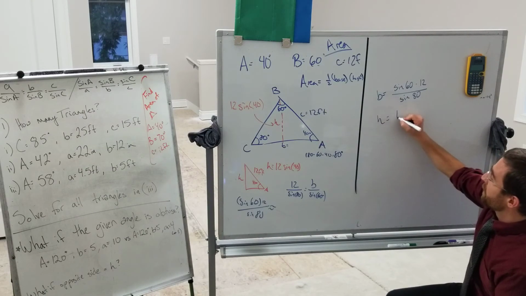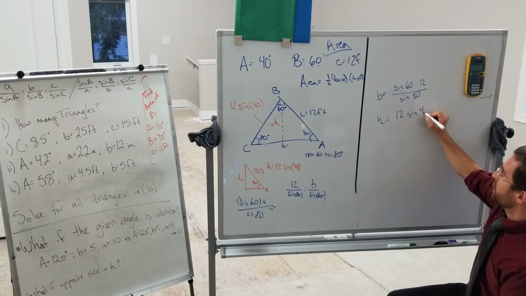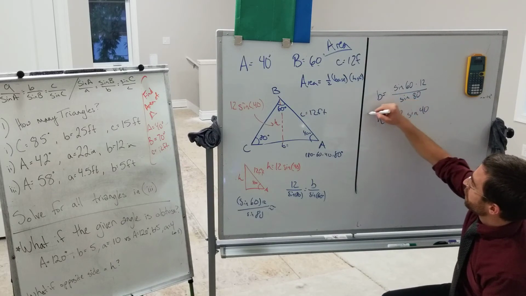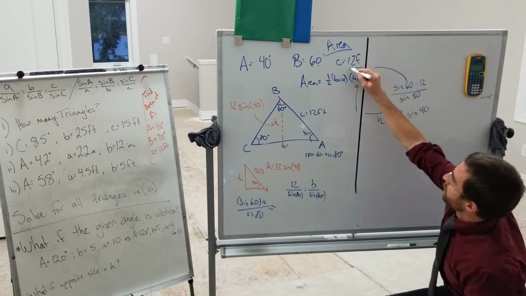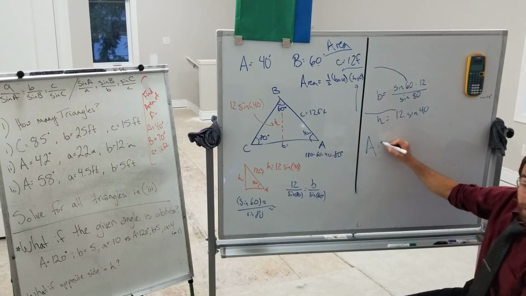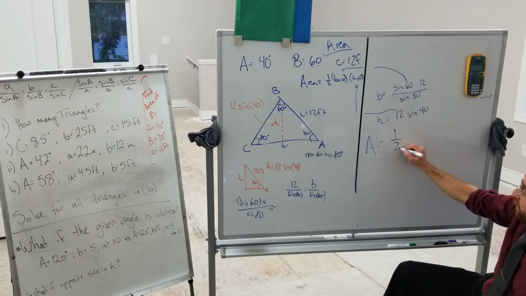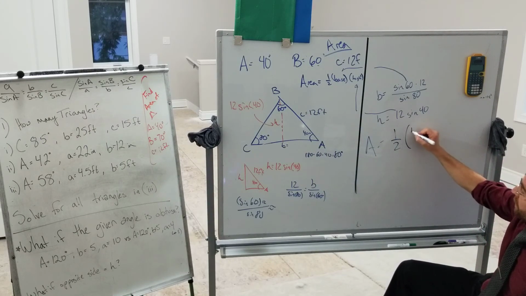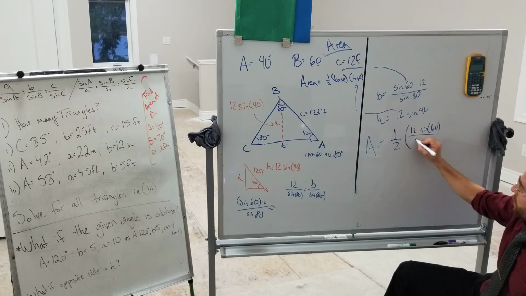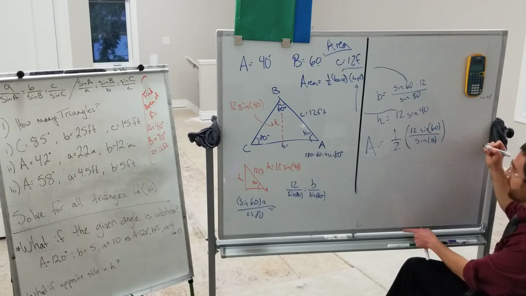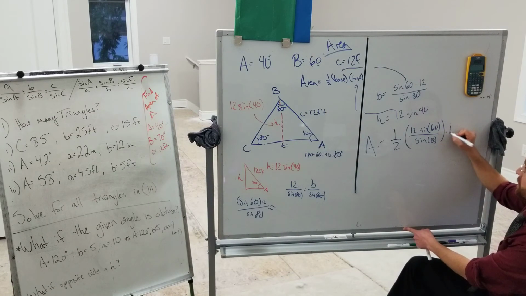Height is 12 sine of 40. So the area is going to be 1/2 times 12 sine 60 over sine 80, and then times 12 sine of 40.